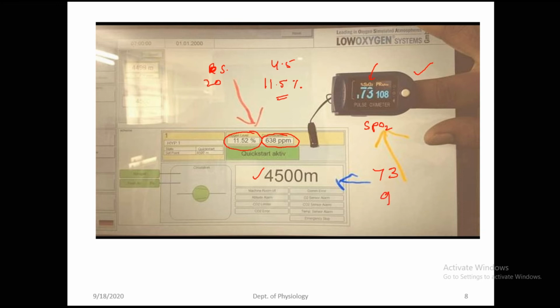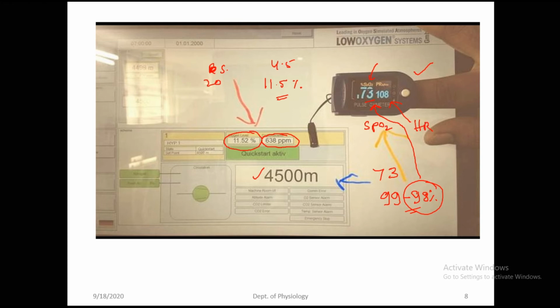Usually the normal should lie from 99 to 98% of oxygen saturation. This is the pulse oximetry, where we recorded the SpO2 falls to 73 instead of 98. 98 is normal. At 4500 the saturation drops to 73%, whereas the heart rate is 108.